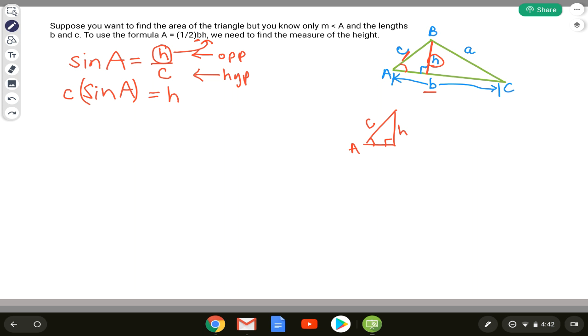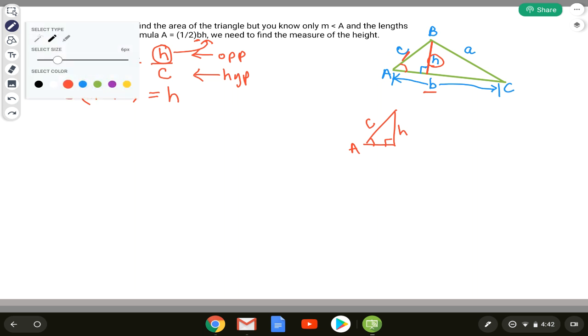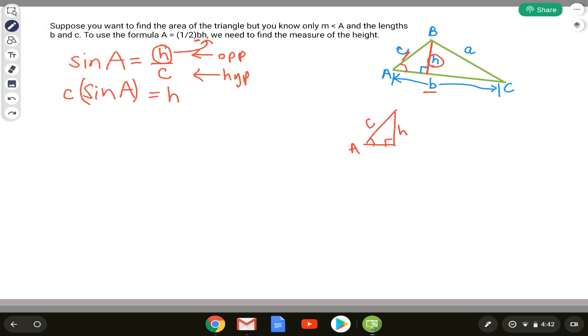Now if I'm thinking of using my formula, area equals 1/2 base times height, I actually think I want to write that out, because some of these letters we're using more than once. It looks a little confusing. So 1/2 times the base length, whatever that is, times the height.